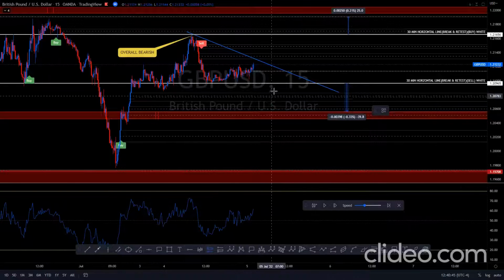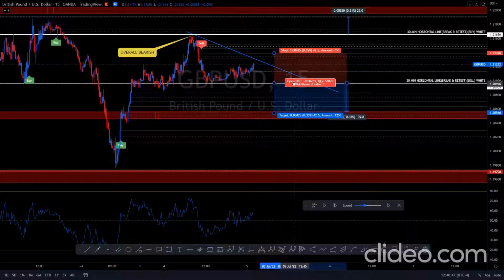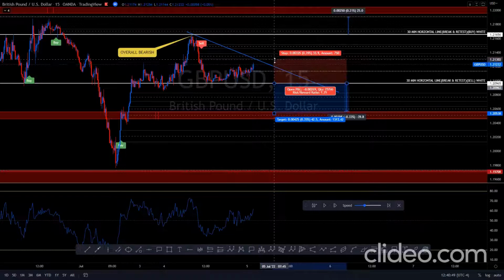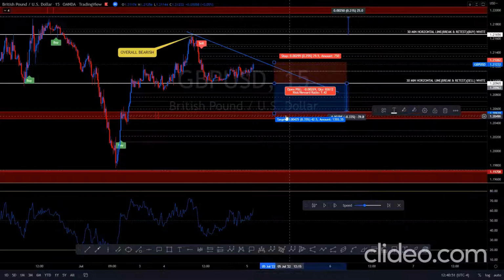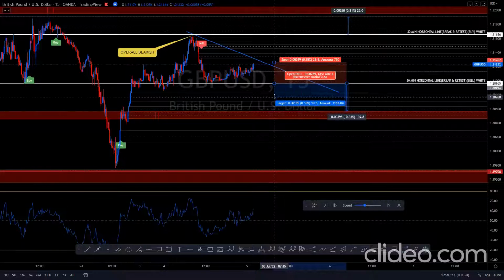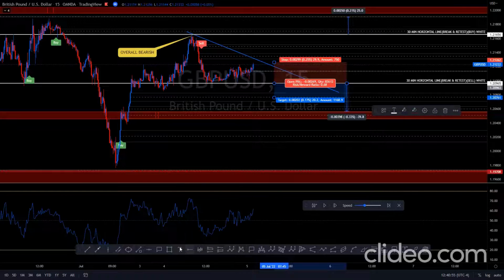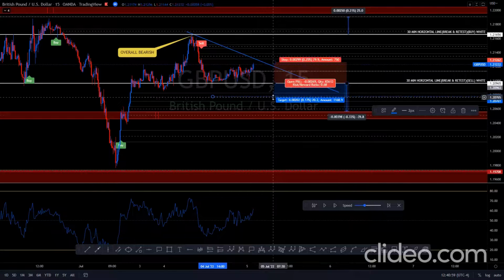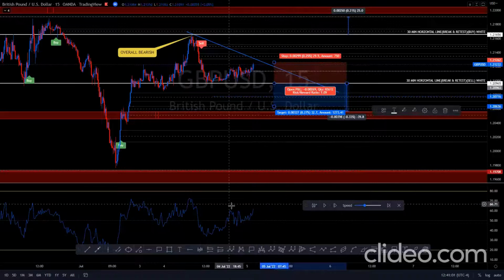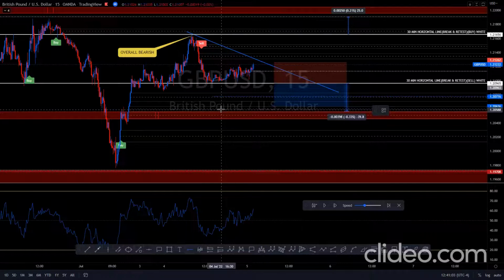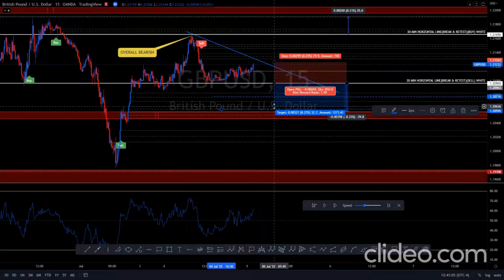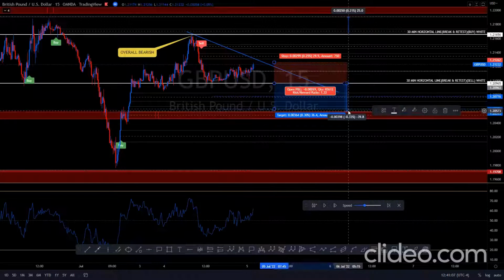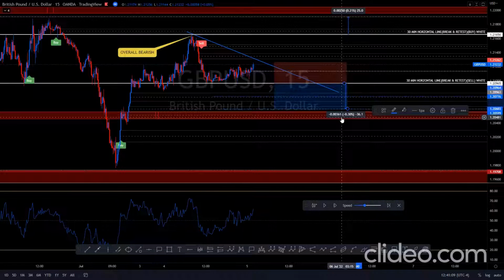So if price sold, I would want to get at least a risk to reward of 1, probably put my stop loss up to here. We're talking about first take profit here. Second take profit down to here. And that's what I would be doing for the sell.